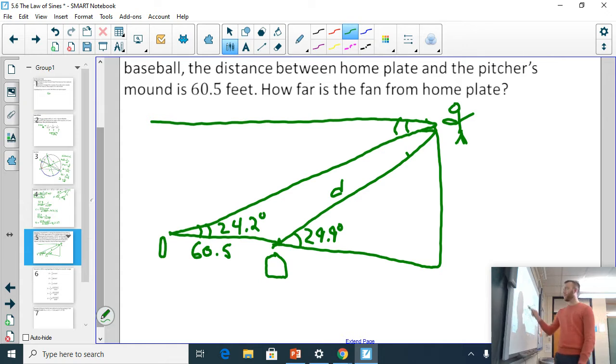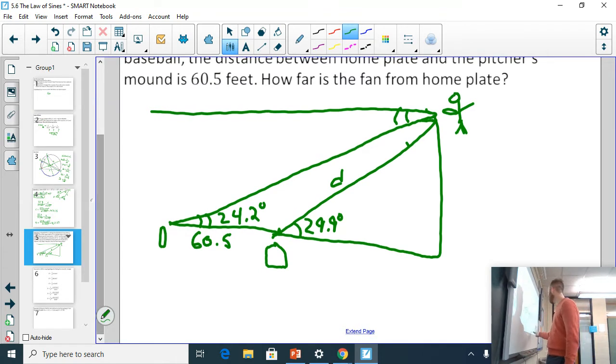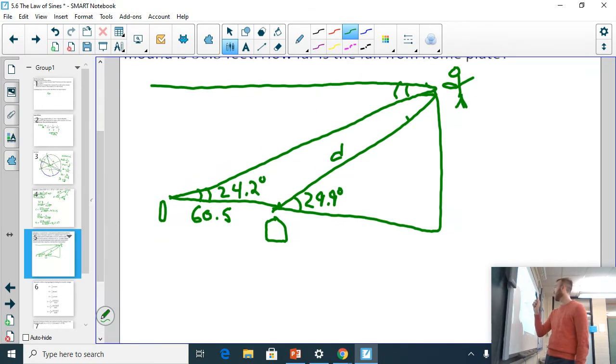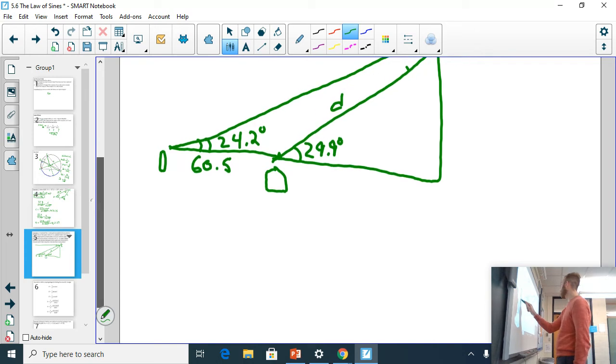And we're in the section law of sines, so it kind of makes sense to use law of sines. It also makes sense because this right here really isn't a right angle at all. So let's work with this and see what we can do. Well, we know that we want to involve this D. And so let's just write that.